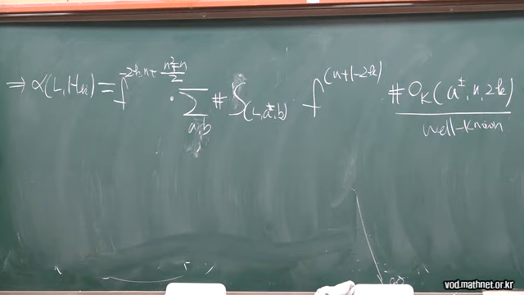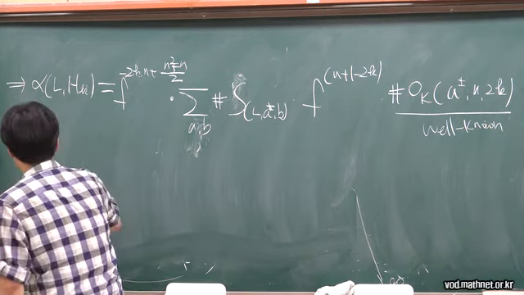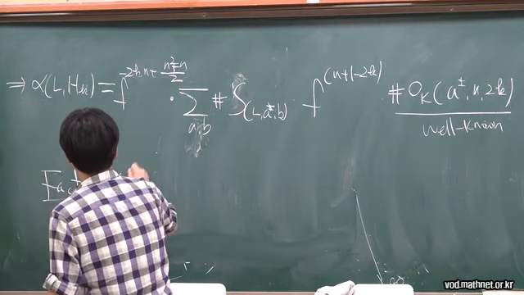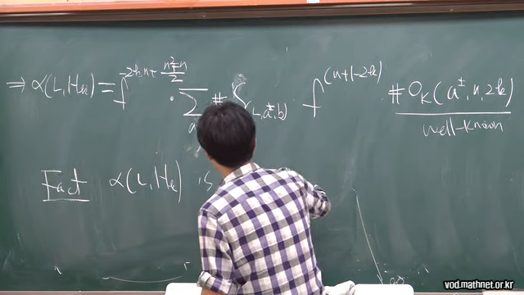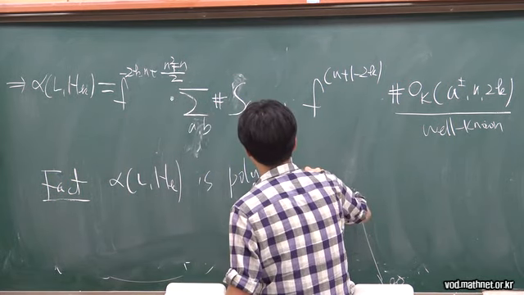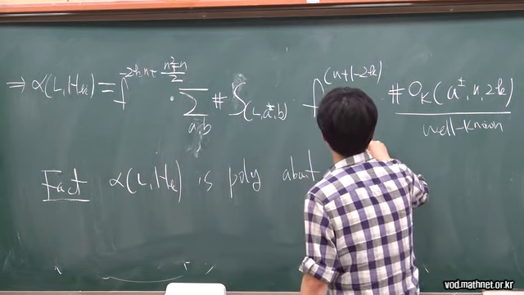Okay. So any questions? So now the fact is this: alpha of L, H_K is actually a polynomial in F to the negative k.